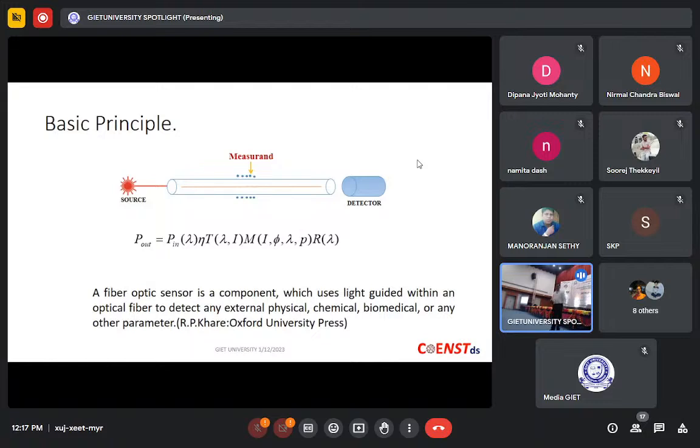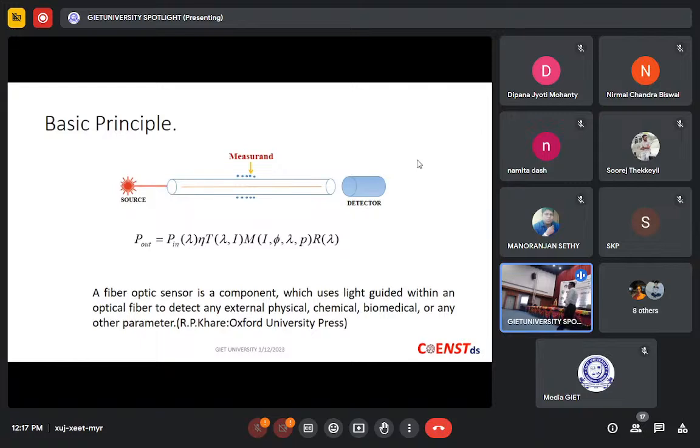Now, we will assume that P in is constant, eta is constant, T is constant, and R is constant. Then the output power received at the detector will be proportional to the measurement M. Now, what is the measurement here? The measurement is the quantity which you want to measure.